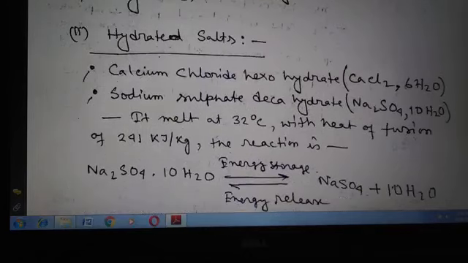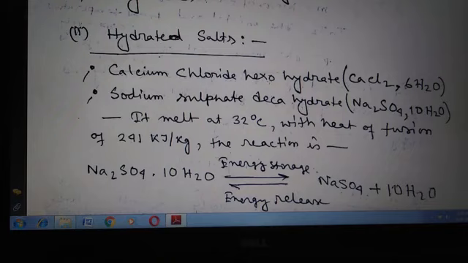Next one is the hydrated salt. Calcium chloride hexahydrate, that is CaCl2 6H2O, and sodium sulfate decahydrate, that is Na2SO4 10H2O, which melts at 32 degrees centigrade with heat of fusion of 241 kilojoule per kg.